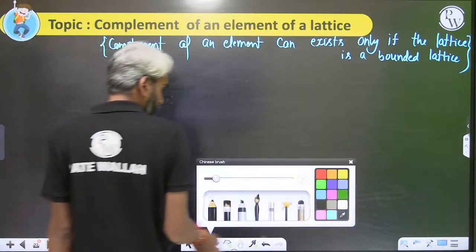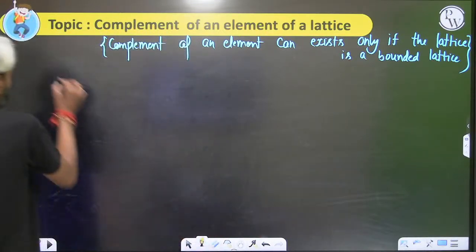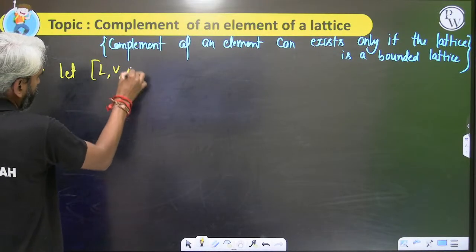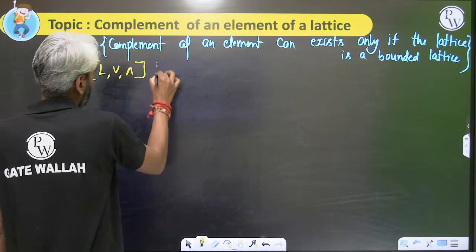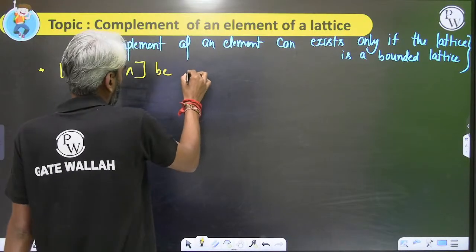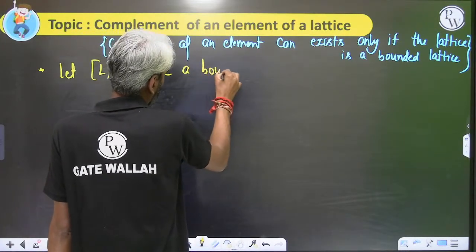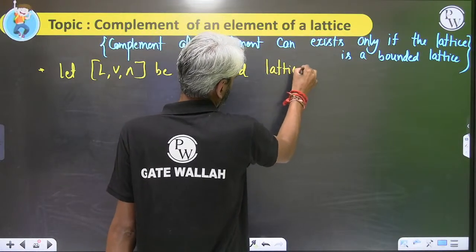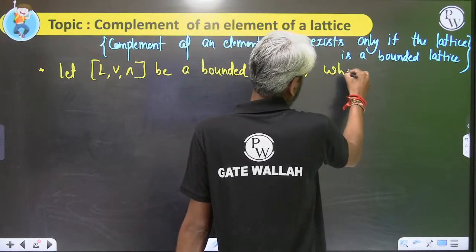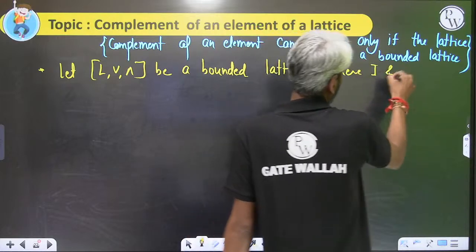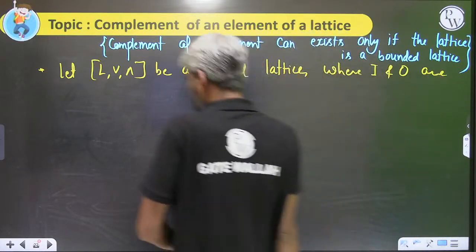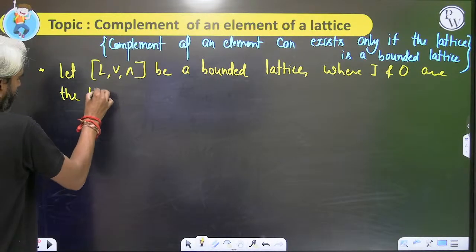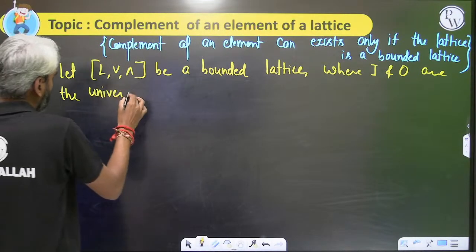Now, assume. So how do we define it? So let L be a bounded lattice with respect to upper bound and lower bound, where I and O are the universal upper bound and lower bound of the lattice.